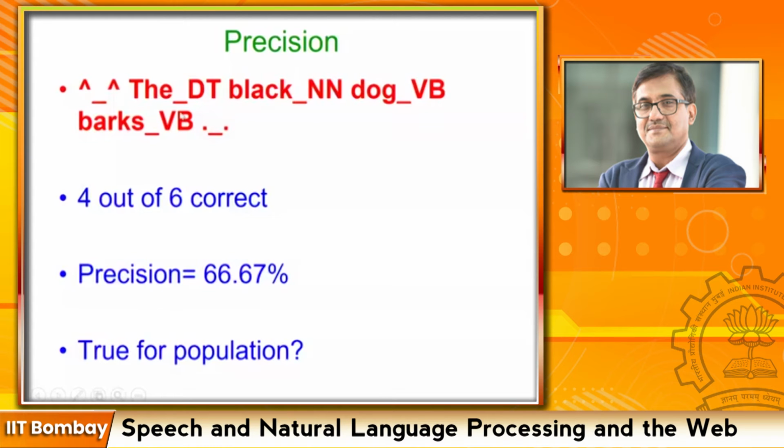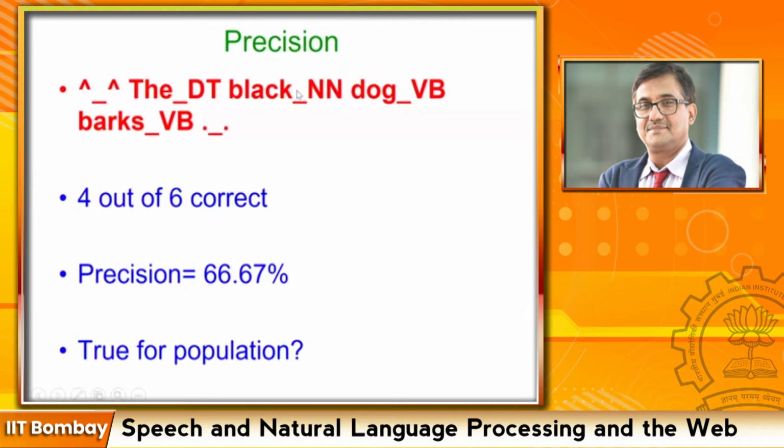Well, if I take this sentence, the black dog barks, I find that the tag for hat is hat, the tag for the is DT, the tag for black is noun, the tag for dog is VB, and barks also is VB, dot is dot. So there are two mistakes in this tag sequence.